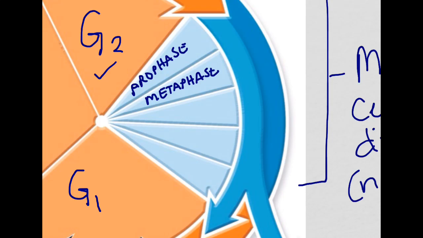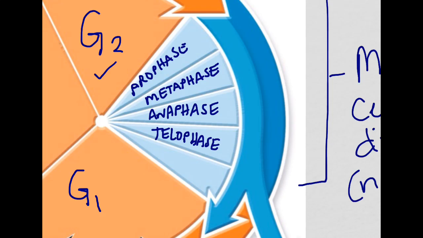These are the phases of mitosis. Prophase, metaphase, anaphase, telophase, and then after that, nuclear division is actually done.